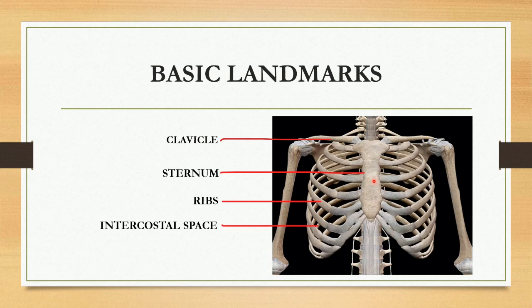The sternum is a T-shaped vertical bone that forms the anterior portion of the chest wall centrally. Next one is ribs. There are 12 pairs of ribs which surround the lung and the heart and support the breathing process. The last one is the intercostal space, that is the space located between the ribs.